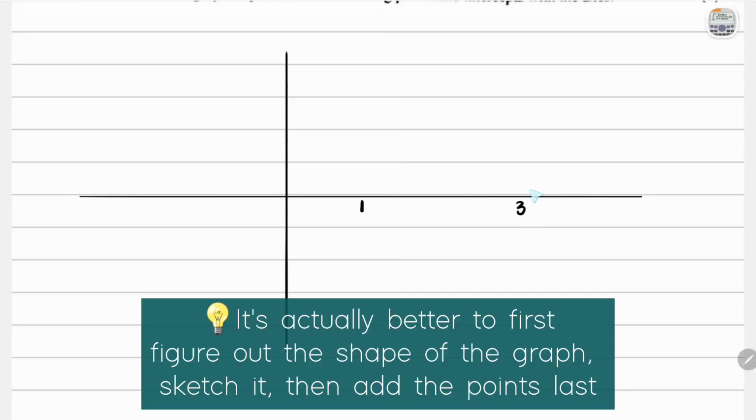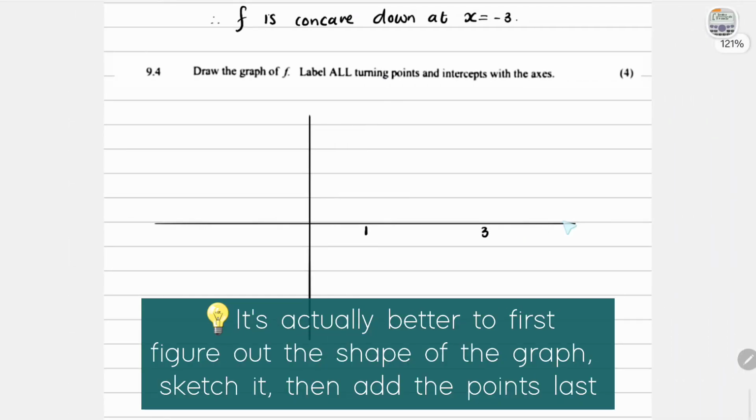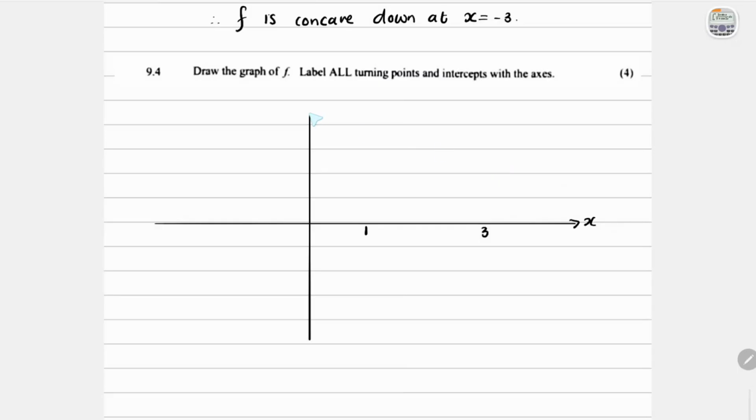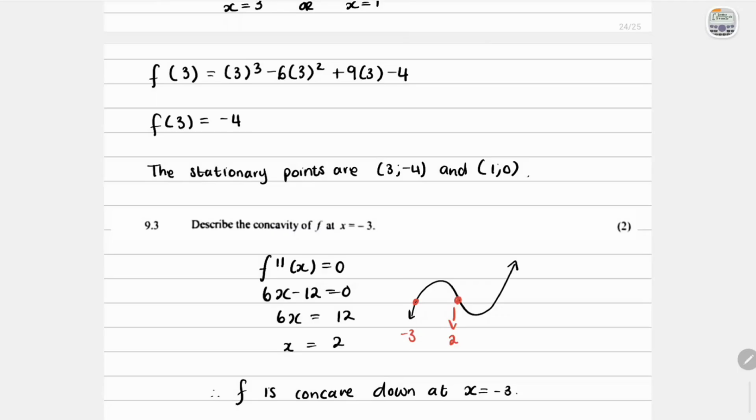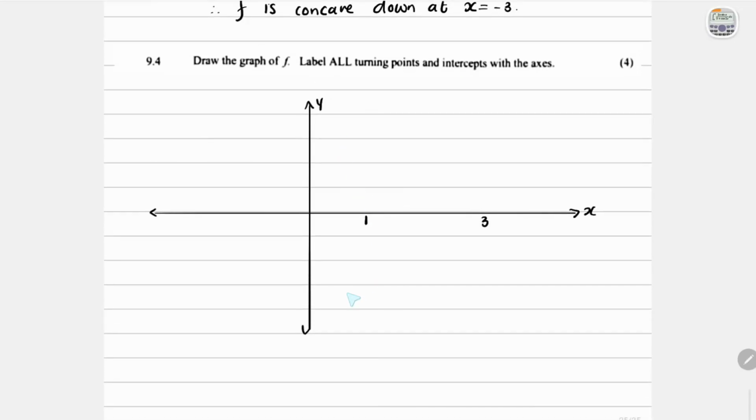We'll put that down. Then we can put our x and y axis. Then we have this graph's y-intercept, because you also need to put that down. If you make x equal to 0, the y-intercept is negative 4. So it has a y-intercept at negative 4 over there.